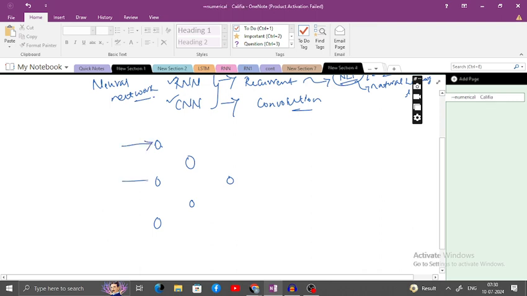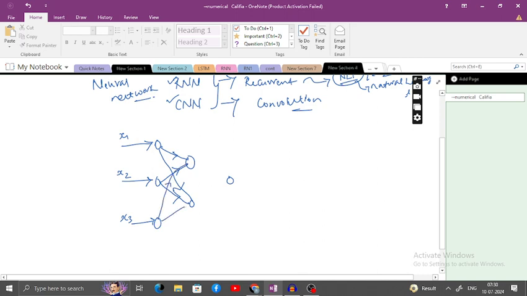I am passing the input x1, x2, x3. From here it will go here, from here all possible combinations it will go here, and from here it is going to go here.